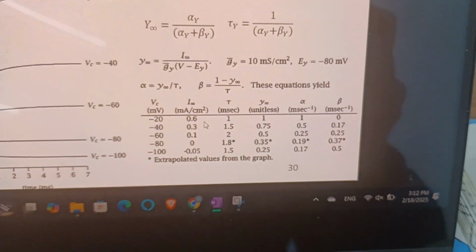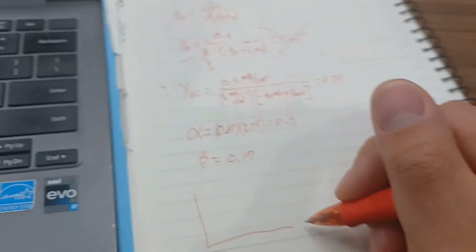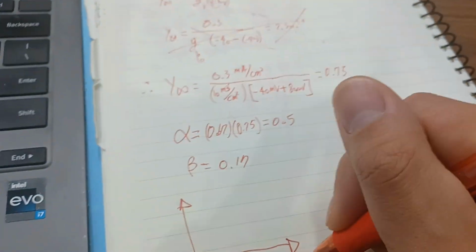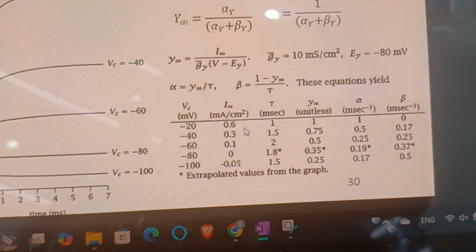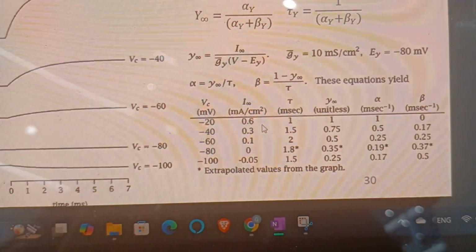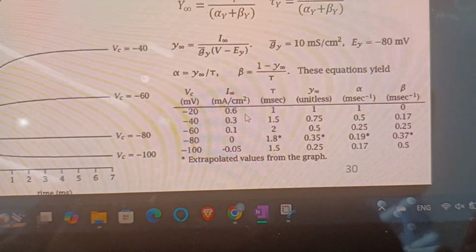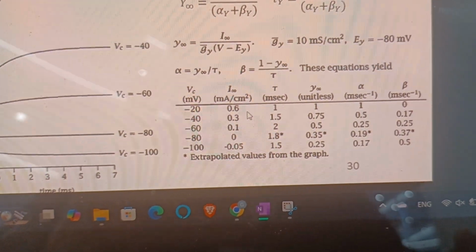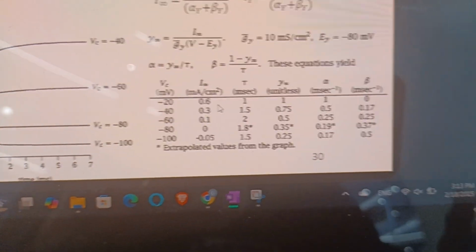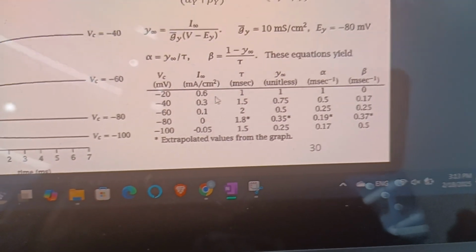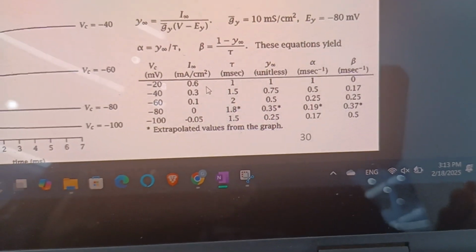So we have this number, and that's where all these numbers come from. And you just repeat it, and then you can draw this nice plot of voltage, and then there's alpha. So as the voltage decreases, alpha is highest at 1, I mean at negative 20, and then it goes down exponentially, it seems.